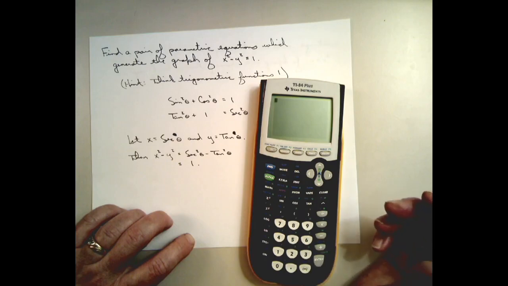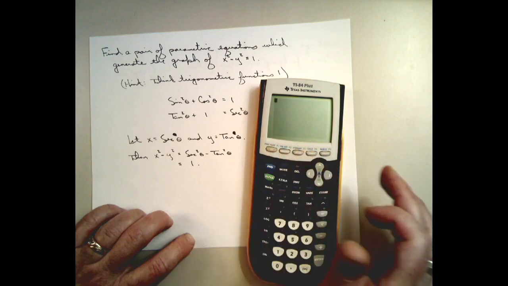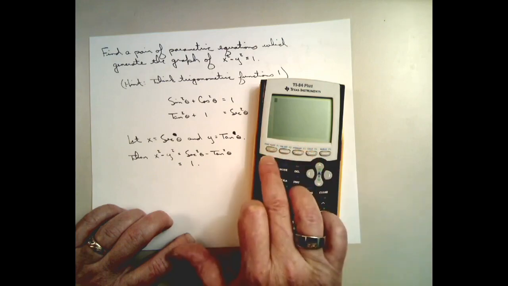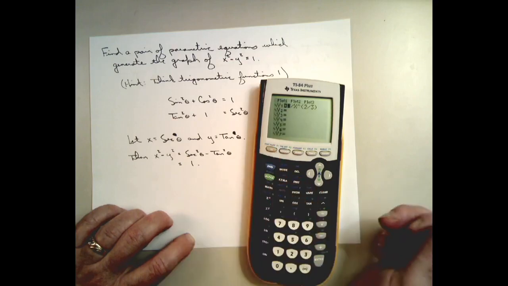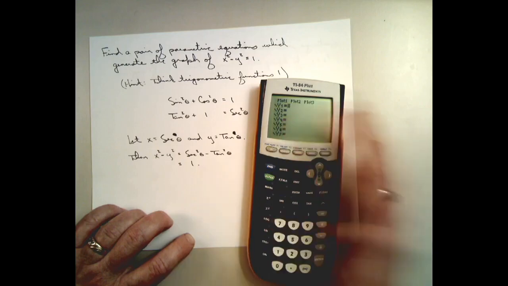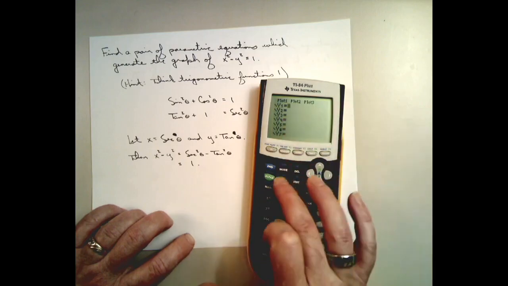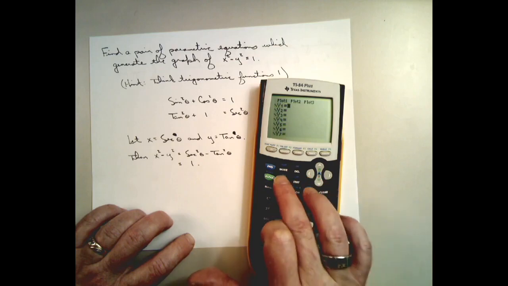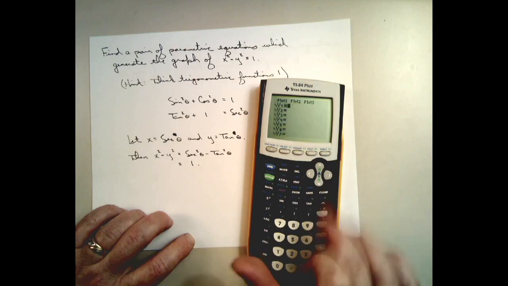So probably right now, if you were to go to your window that allows you to input functions, probably you have it set for y equals, and then it's expecting a function in terms of x. And in fact, the default variable is x if I hit my variable button there.